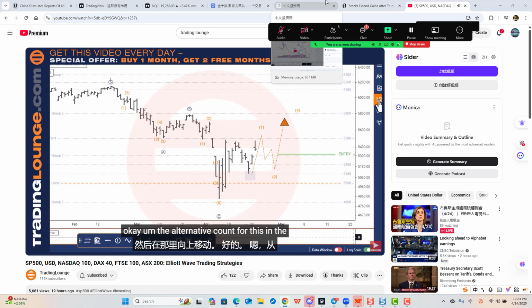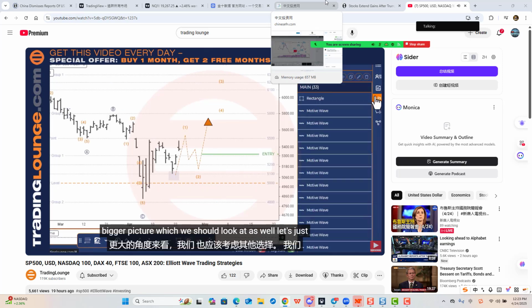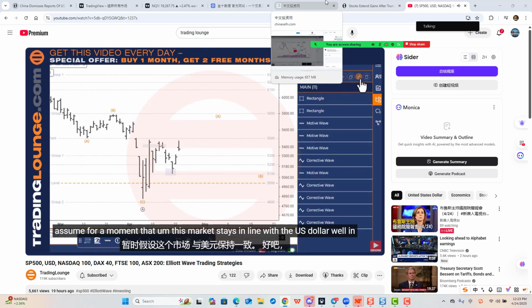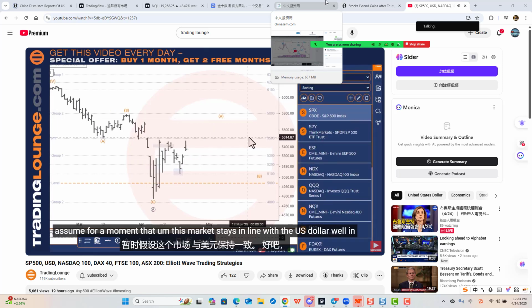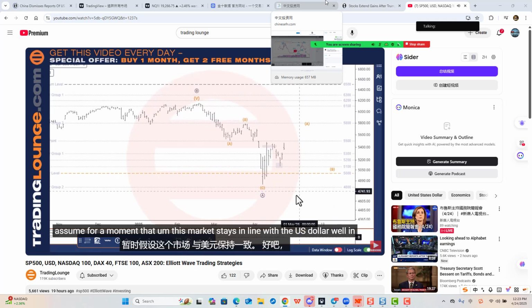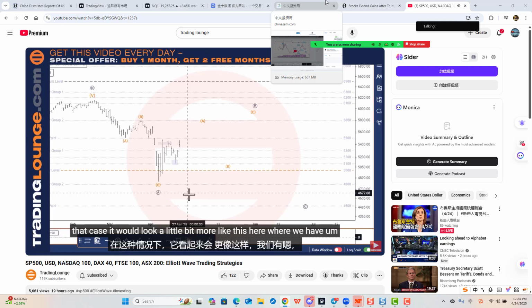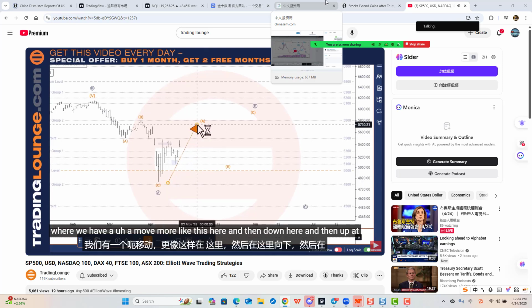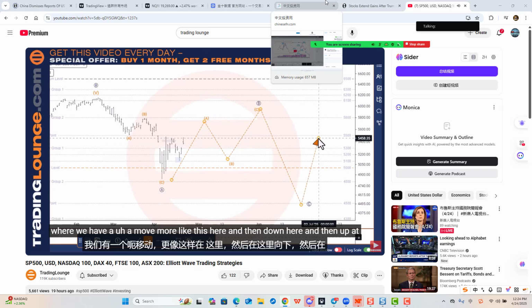The alternative count for this in the bigger picture, which we should look at as well, let's just assume for a moment that this market stays in line with the US dollar. Well, in that case, it would look a little bit more like this here, where we have a move more like this and then down here and then up at this point.